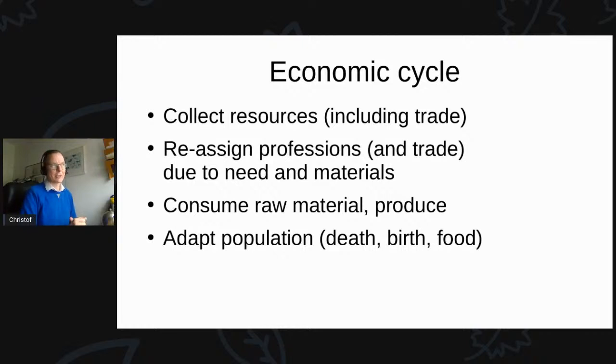For trade, it's more complicated because it's a three-step solution. The last step is to adapt the population according to the amount of food you have, and this is what gives the economy a stable state.